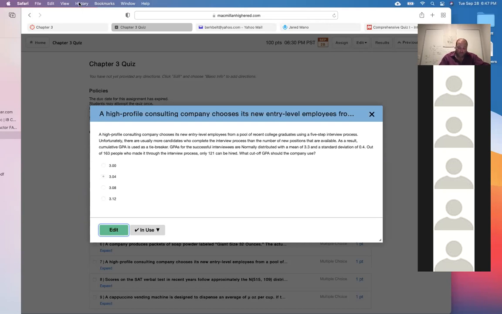What does that mean? If 3.3 is the center, 0.4 minus and plus, how far is 0.4? 2.9 and 3.7.